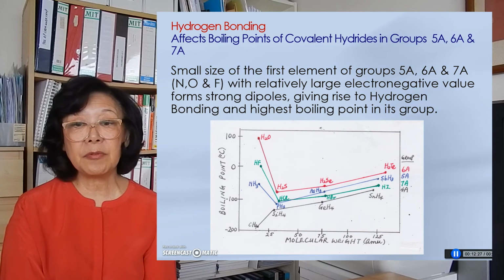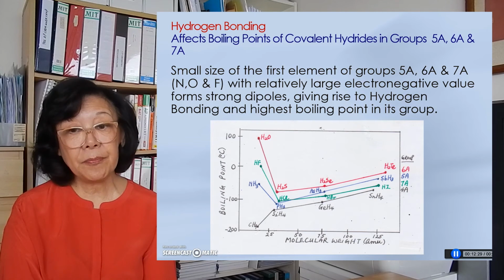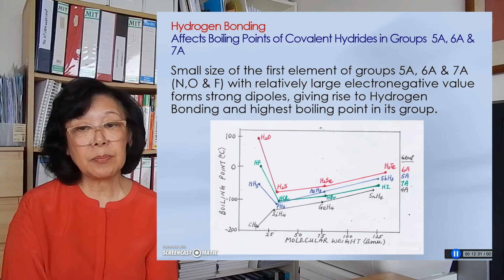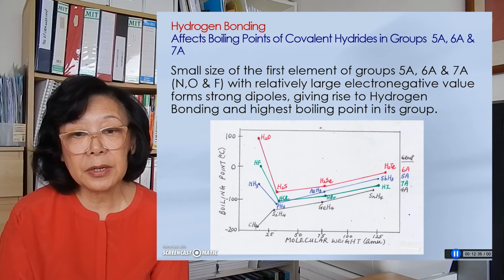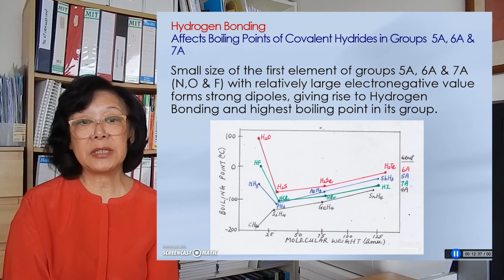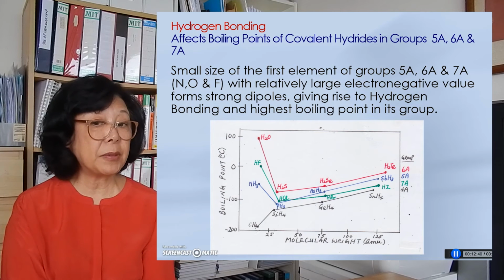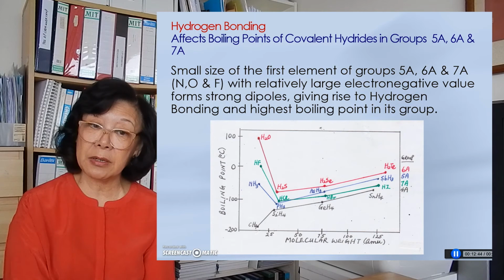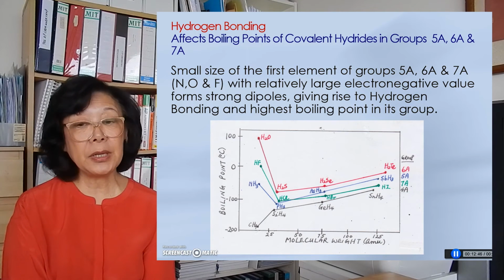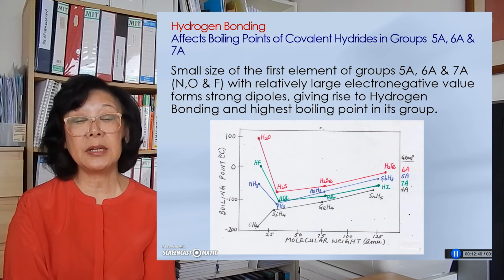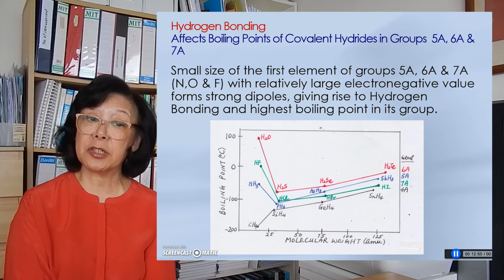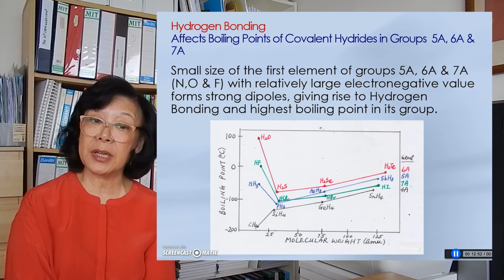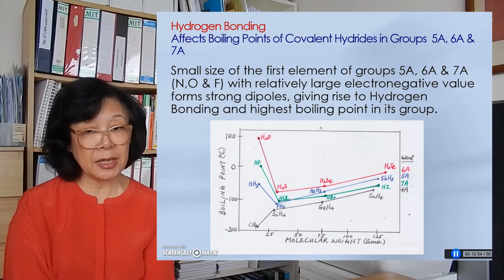The blue line represents group 5A, and ammonia stands out in boiling point again due to hydrogen bonding, although it is the smallest molecule in that group. The green line represents group 7A, and again, hydrogen fluoride stands out with the highest boiling point in that group, although it is smallest in size.